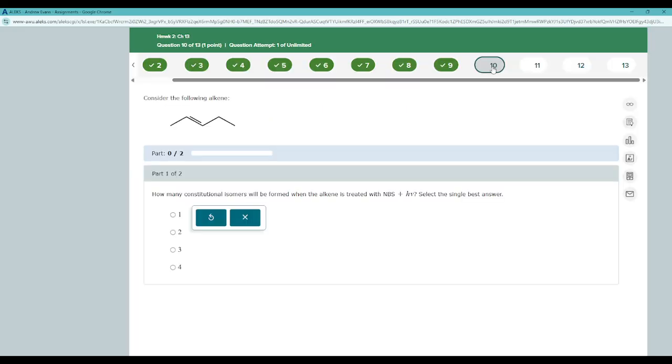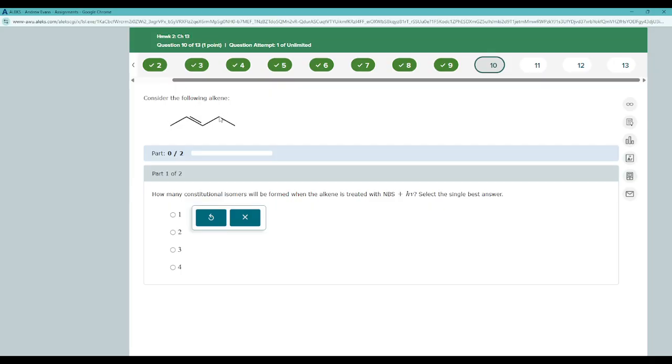Okay. Consider the following alkene. How many constitutional isomers could be formed by treating with NBS in light? Well, how many allylic hydrogens are there? We have one right here, and this one will not be chiral, so one there.